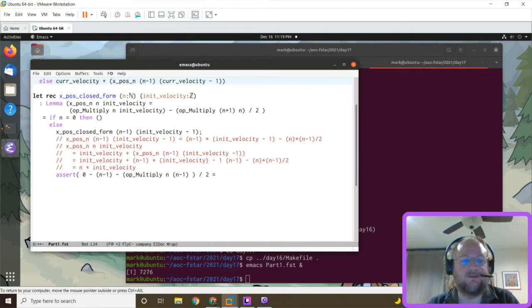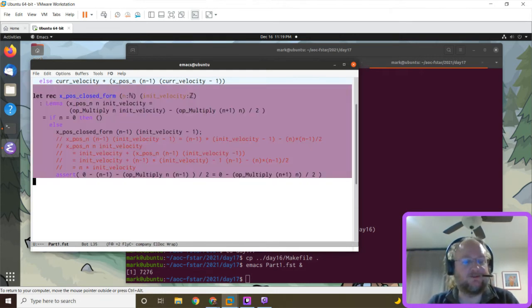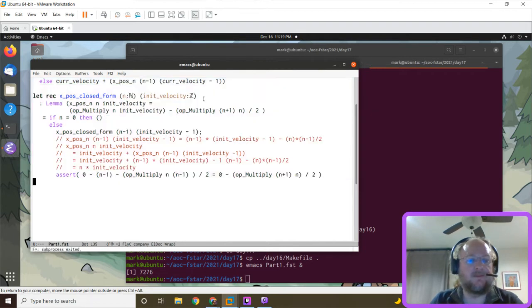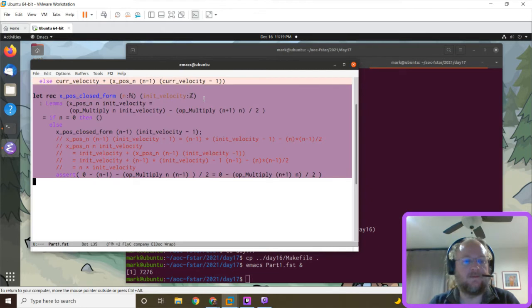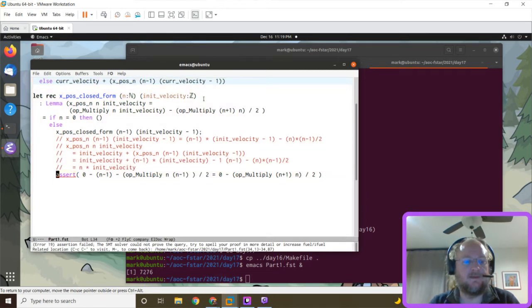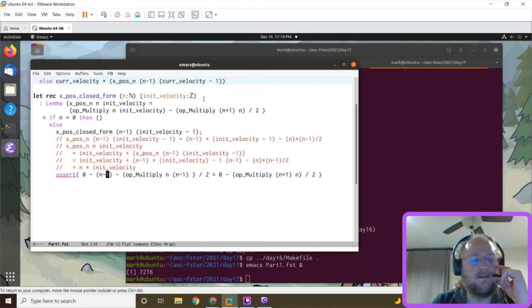So to make this work, we need that to equal. I didn't think basic algebra would be such a problem, but it's been a long day. All right, it says no.